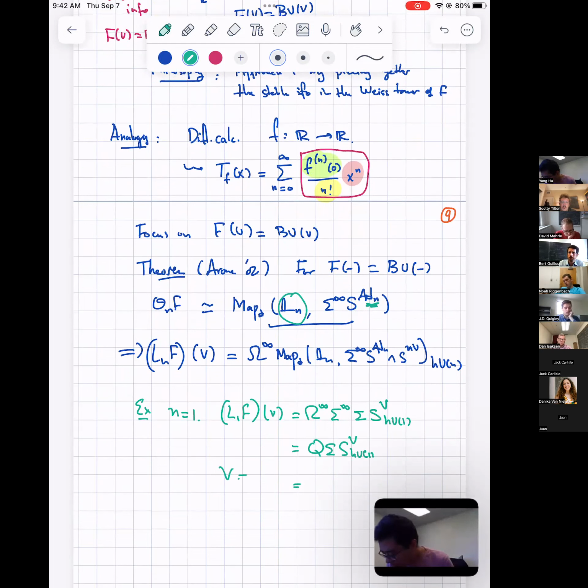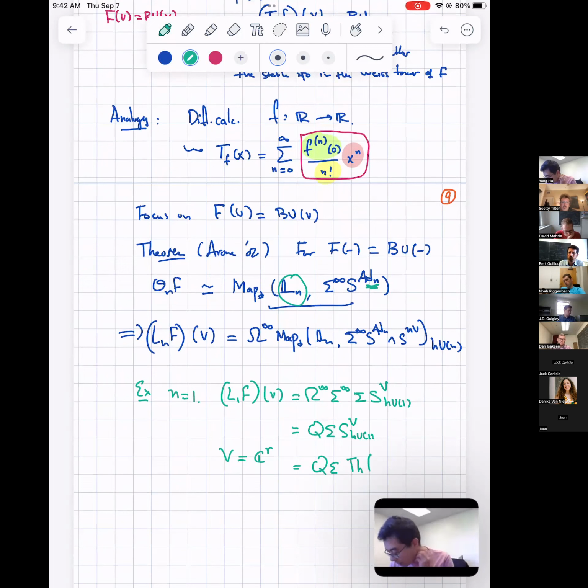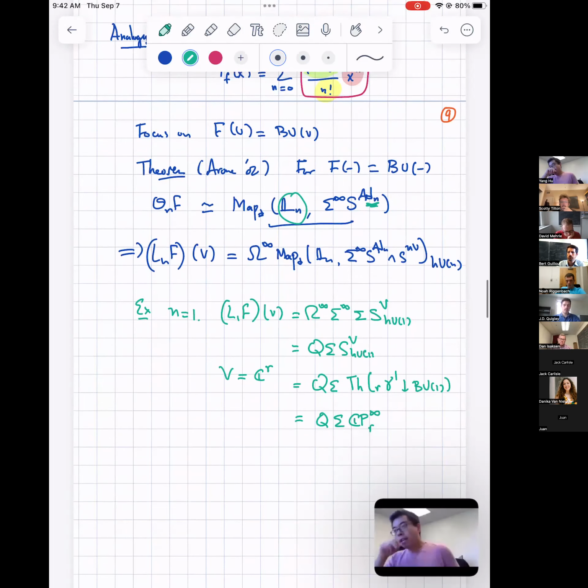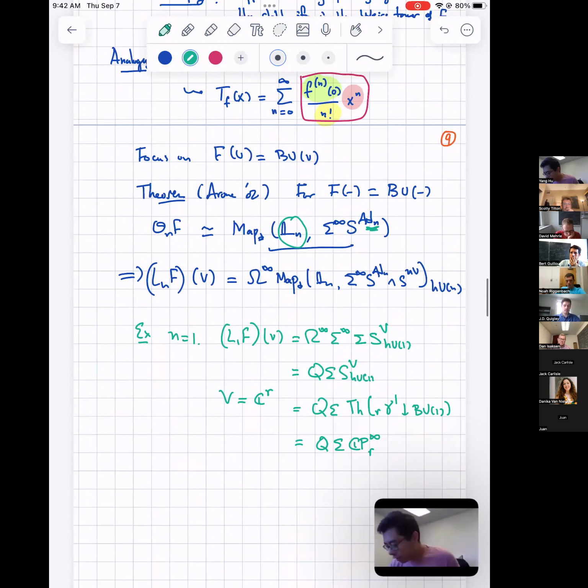And in the special case when V equals the standard complex vector space C^R, we notice that this is Q Sigma of the Thom space of R copies of the topological line bundle over BU(1). We can call this Q Sigma CP^infinity to the R, because this Thom space is the stunted projective space. Okay. So great.